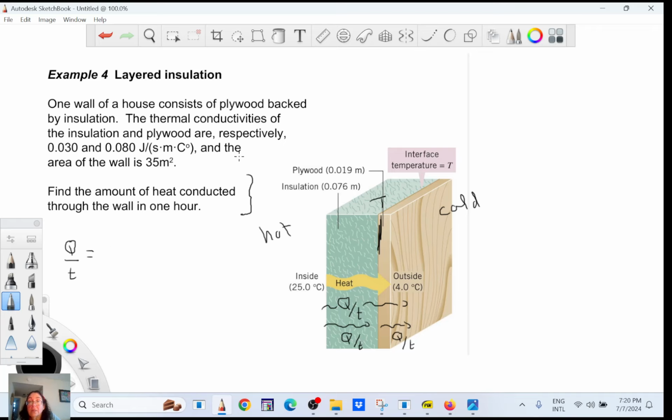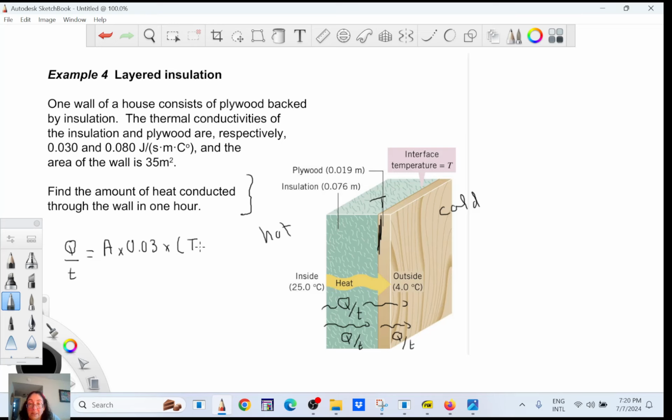the area. The area is 35, so I'm going to put area times 0.03, that will be the thermal conductivity, times the gradient between here and there.